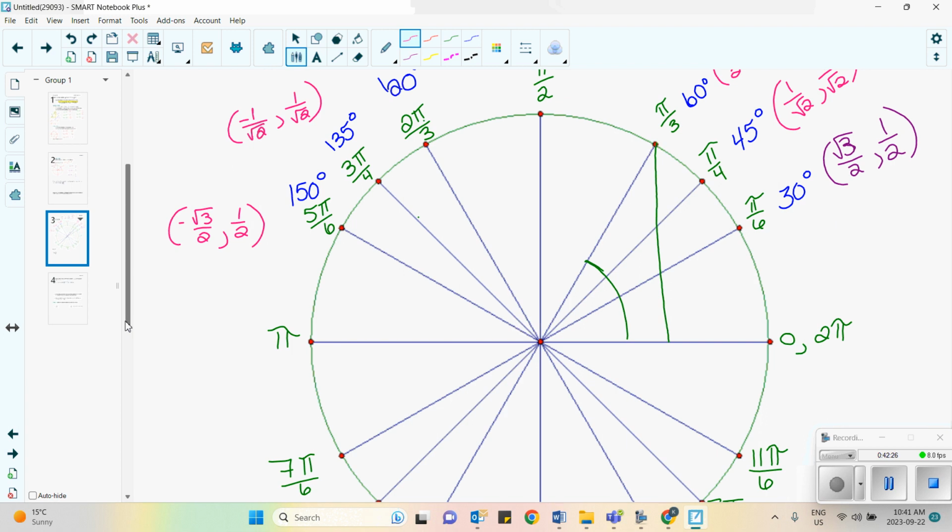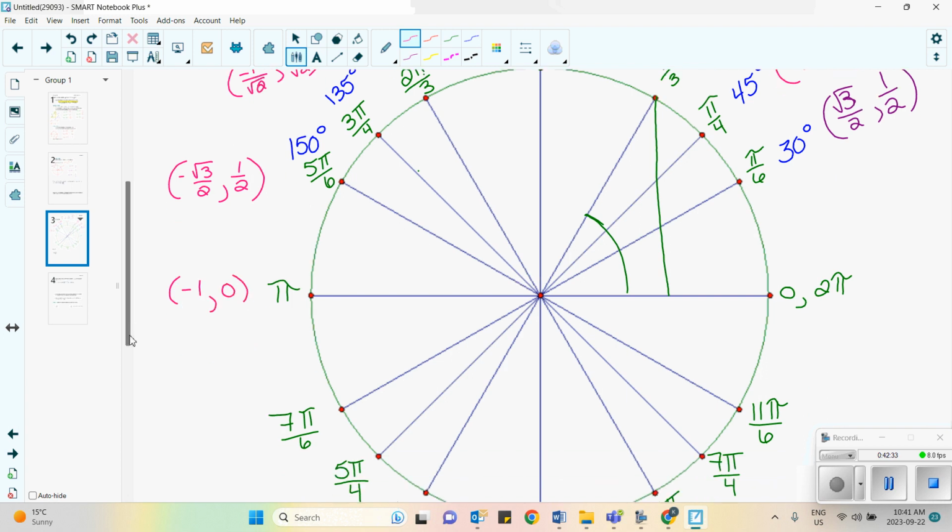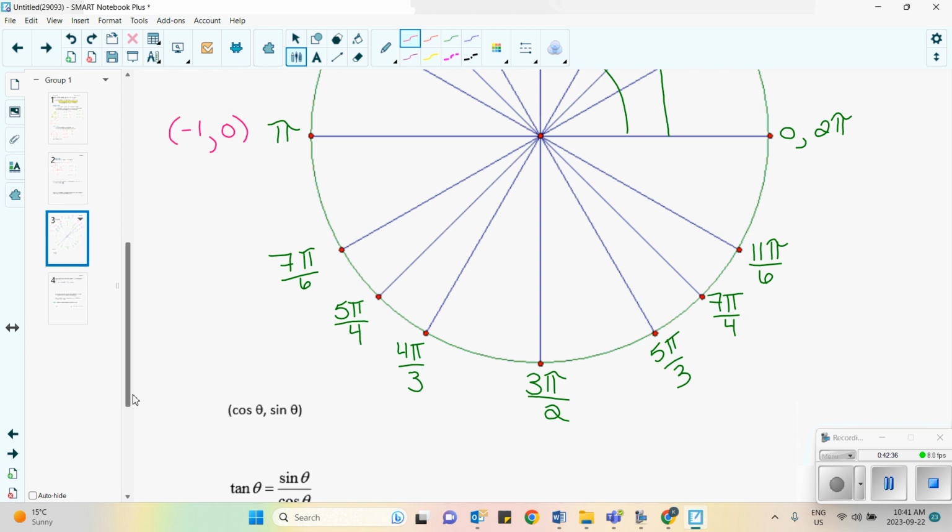What's the coordinate pair at pi? Okay. Denominator of 6. And we're in quadrant 3, so both are going to be negative, negative. So this one's going to be negative root 3 over 2 and negative 1/2.